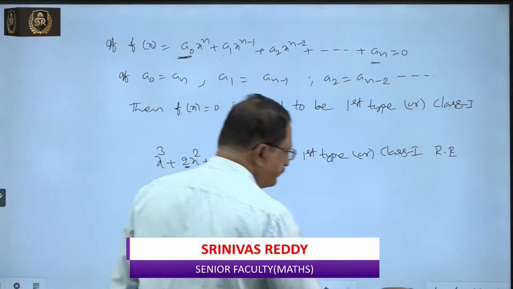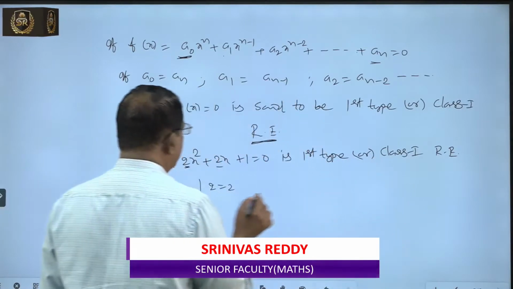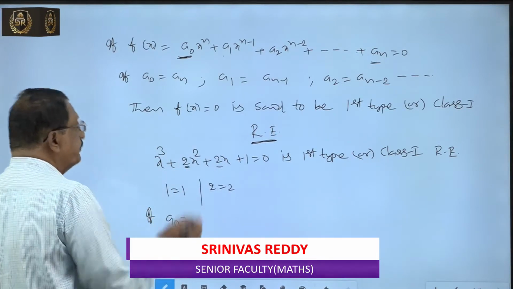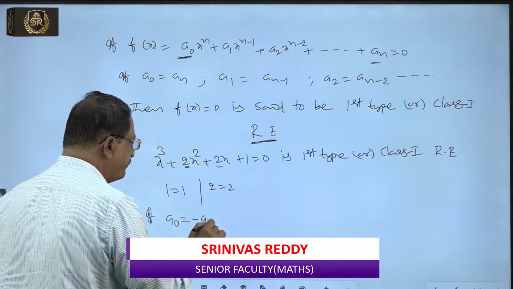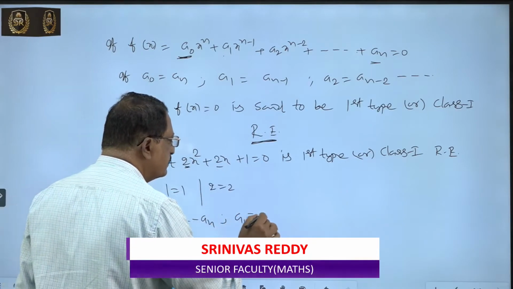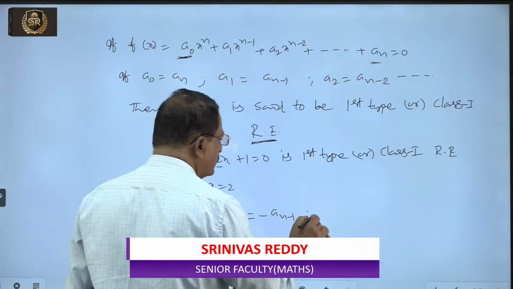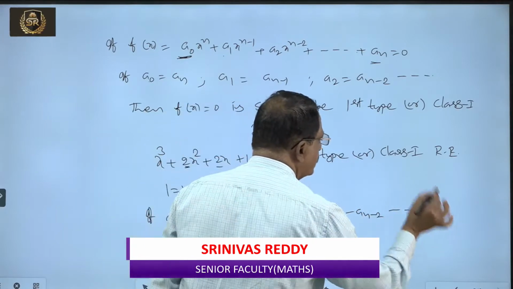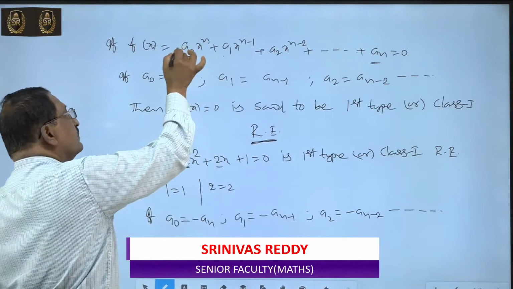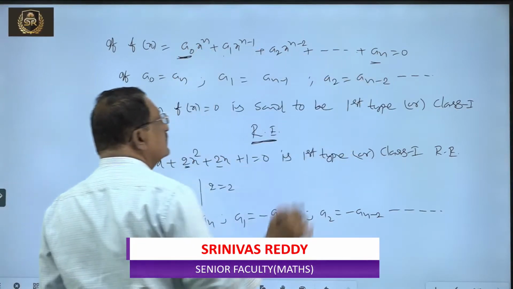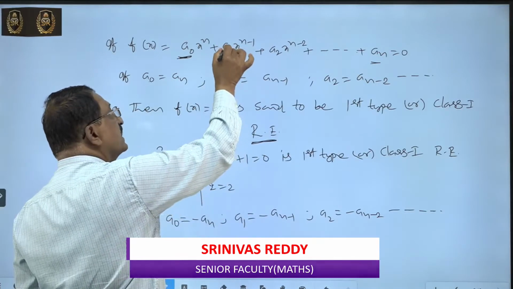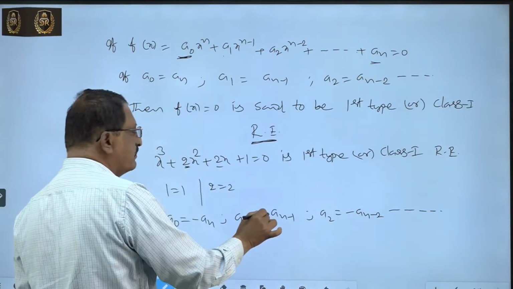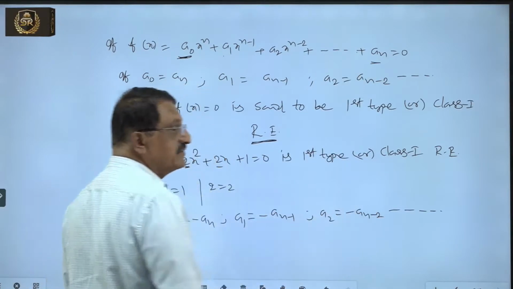Next, if a naught equals minus an, a1 equals minus an minus 1, a2 equals minus an minus 2, and so on. Now the coefficient of x to the power of n equals minus the constant term, the coefficient of x to the power of n minus 1 equals minus the coefficient of x, a1 equals minus an minus 1, a2 equals minus an minus 2.